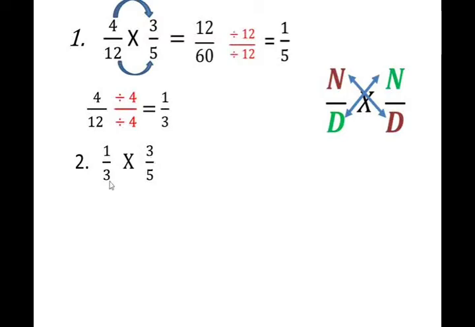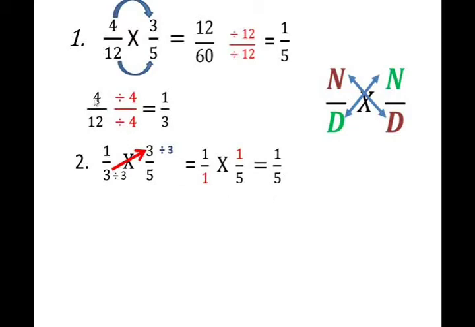If I cross simplify this 3 with this 3, that means finding a common number that can go into both, and that is 3, I will end up with 1 times 1, because 3 divided by 3 is 1, and 3 divided by 3 is 1. So 1 times 1 and 1 times 5. 1 times 1 is 1. 1 times 5 is 5. And notice that my answers are the same.